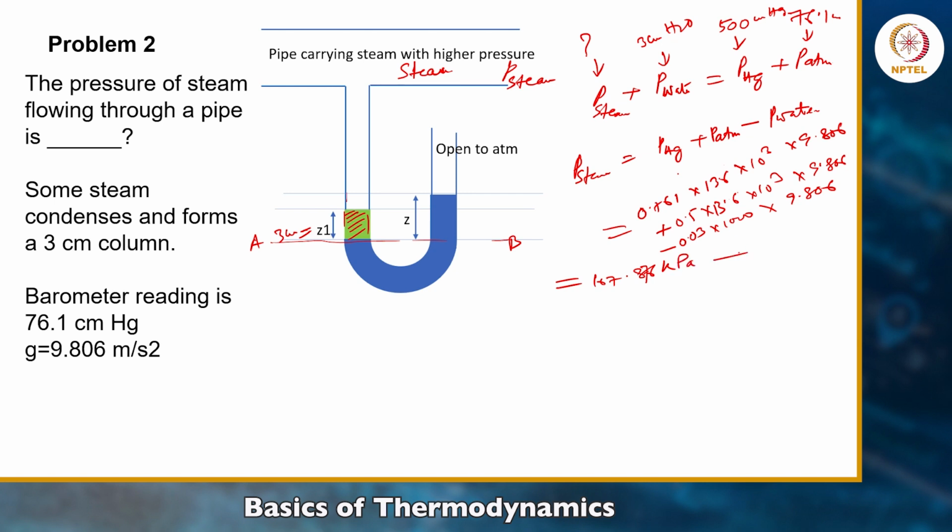So now we can convert into atmospheric and other things also. And I can make more complication also. I can make maybe another layer of some other fluid. So just you have to calculate the left column side pressure and right column pressure, and you have to equate. So similar problem can be created for your assignment and final exam also. This is basic thermodynamics, so I did not go to very difficult questions, rather it is very simple +2 level question.